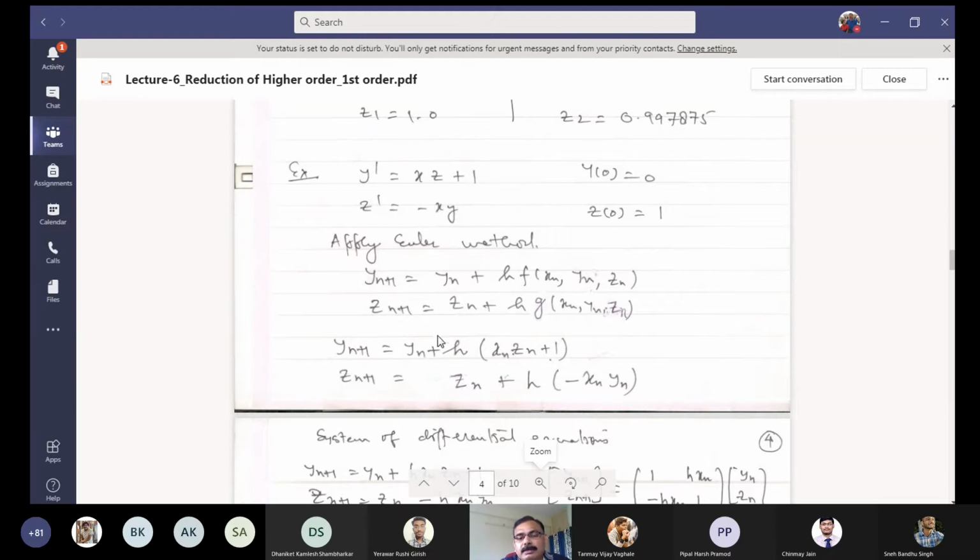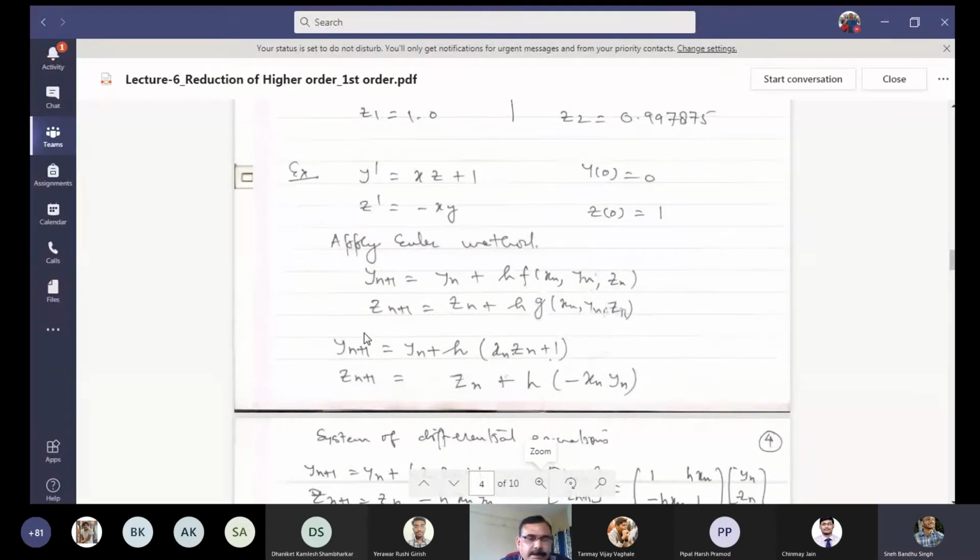You cannot calculate all the values of yn at once, because you see zn is also coming into the picture. So maybe y1 you can calculate because z0 is available. But unless your z1 is available, you cannot calculate your y2. Is that right?